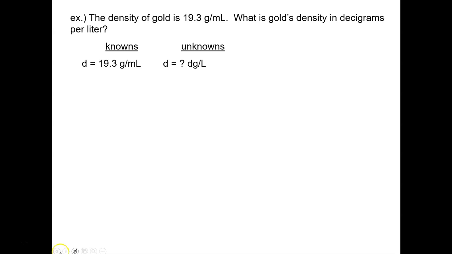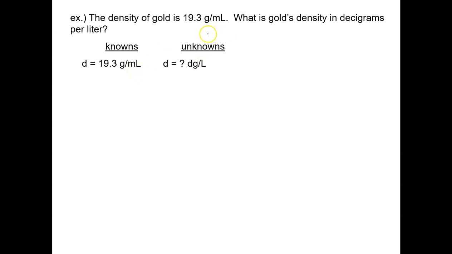So once again, I need to figure out what the conversion factors are to take grams and change them into decigrams, and milliliters into liters, right? So I have two conversions that are going to happen in this problem. And all of these units are metric units, right? Deci and milli, these are all metric units.